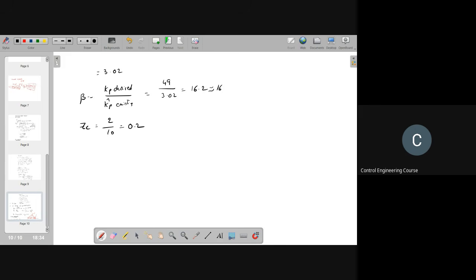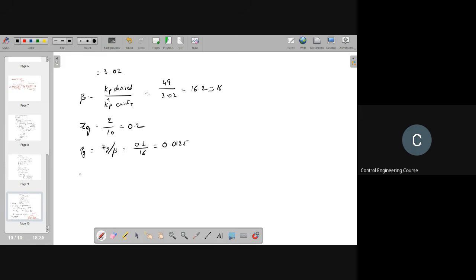So I am assuming the location of the zero ZC for this lag compensator is 0.2. Then the corresponding pole PC is ZC by beta, that is 0.2 by 16, which will be 0.0125.